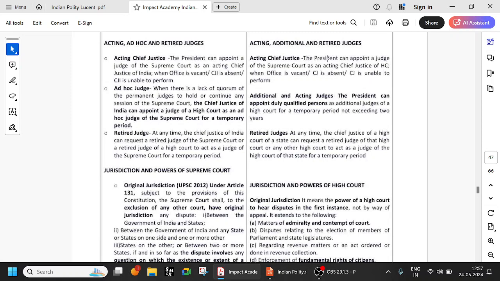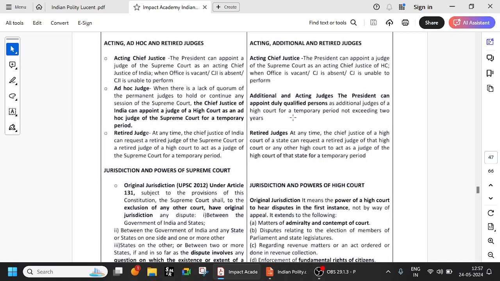Similarly, for the acting Chief Justice of a High Court, the President can appoint a judge of the Supreme Court. If the Chief Justice of the High Court is not there, then a judge of the Supreme Court is appointed as the acting Chief Justice, not a judge of the High Court.